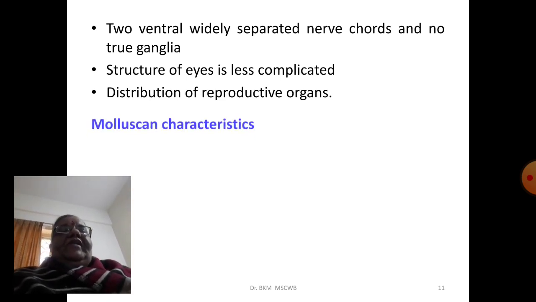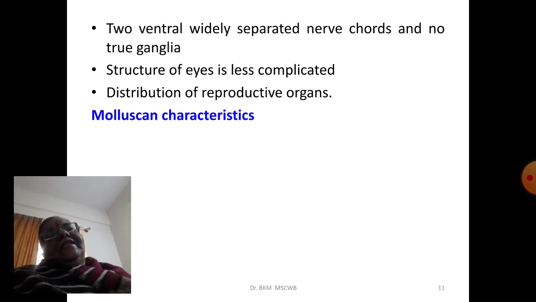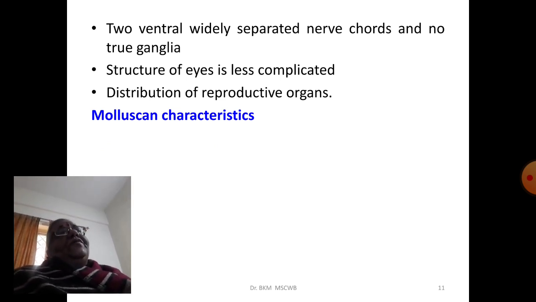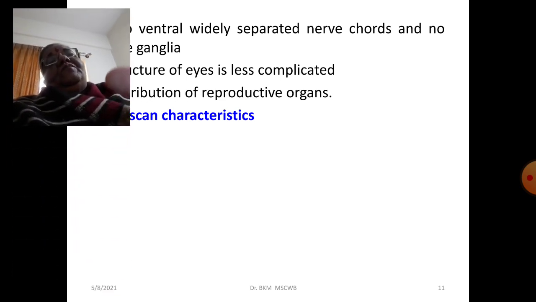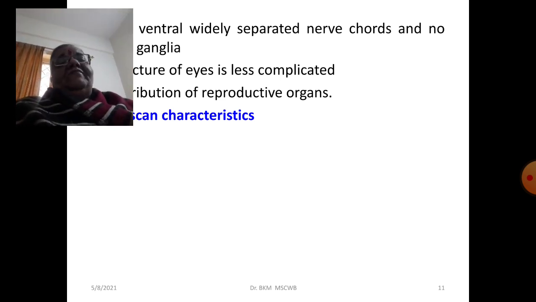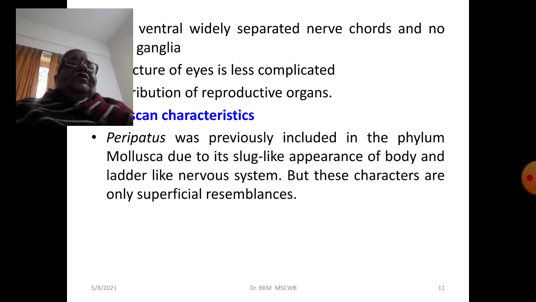Now, we shall continue. After learning the unique features of onychophorans, as I was telling you, in one or two characters they show similarities with phylum Mollusca. This made previous zoologists keep this under the phylum Mollusca because of its slug-like appearance of the body, and one more feature is the ladder-like nervous system, which you see in Mollusca.